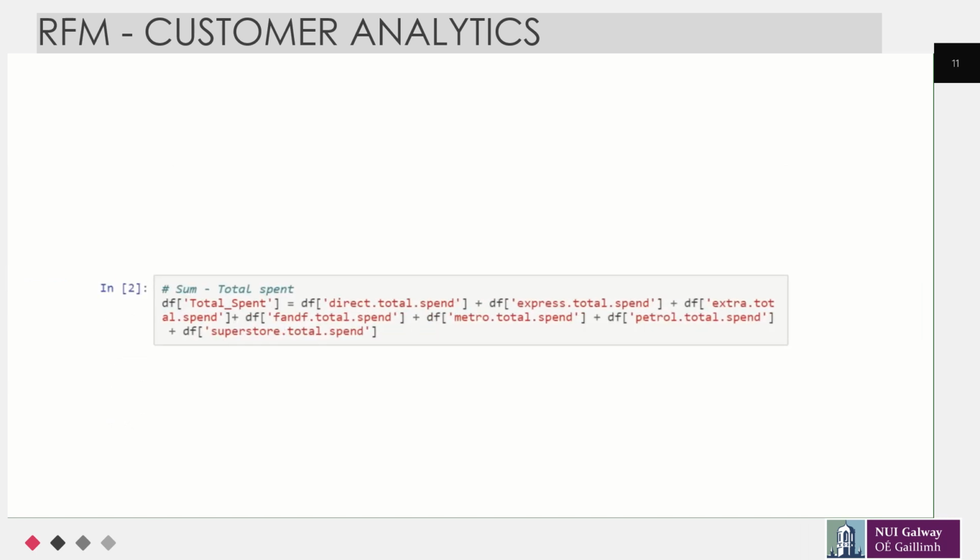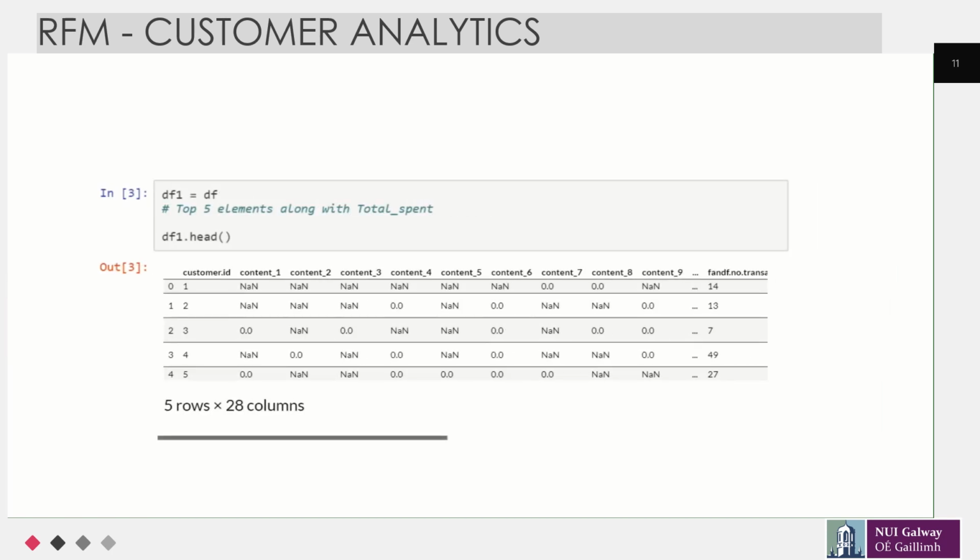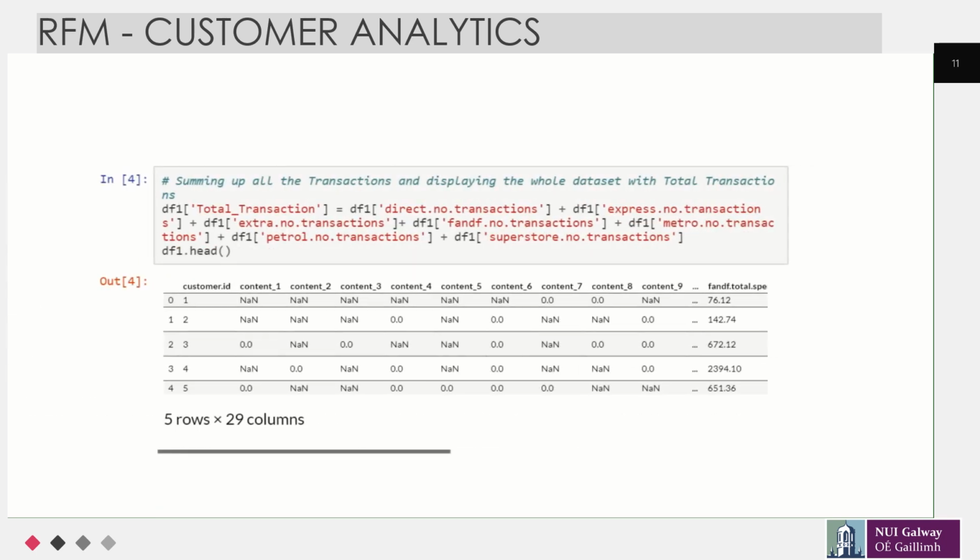Here we find the total spend. This gives the top 5 elements with total spend. Here is the data set with the field total transactions.